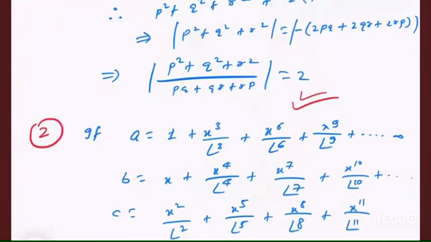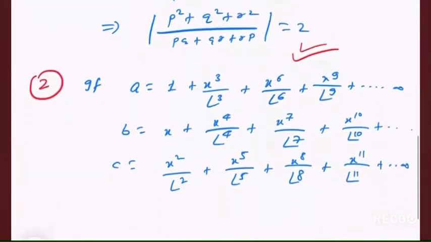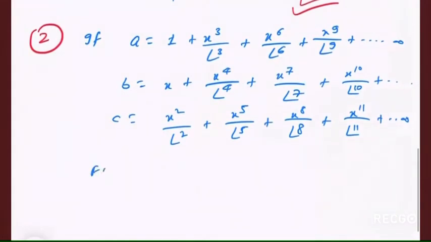These three expressions are somehow related to the expansion of e to the power x. You must have studied those expansions in the limit chapter of calculus. Then you have to find the value of a cube plus b cube plus c cube minus 3abc.